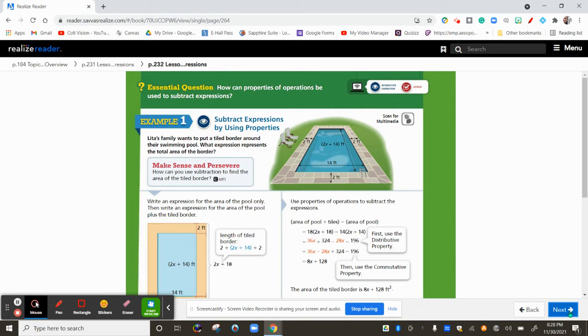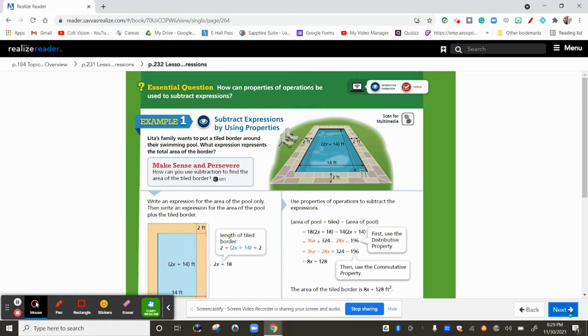Let's look at the first example. It's already worked out for us here, but I'm going to walk you through it. It says, Lita's family wants to put a tile border around their swimming pool. What expression represents the total area of the border? We have to think about how we would find the area.